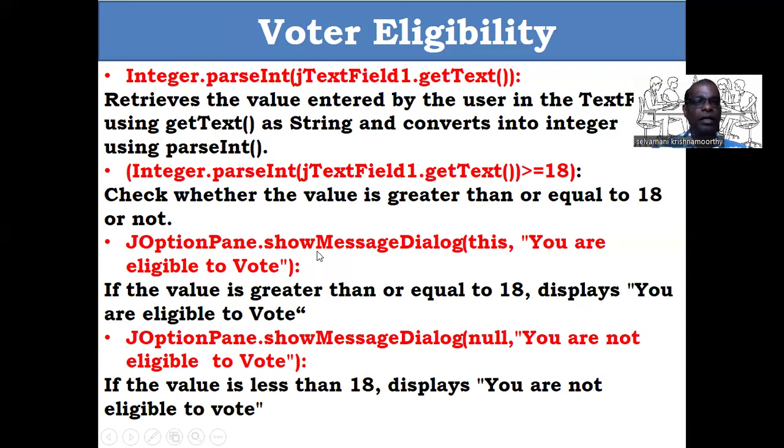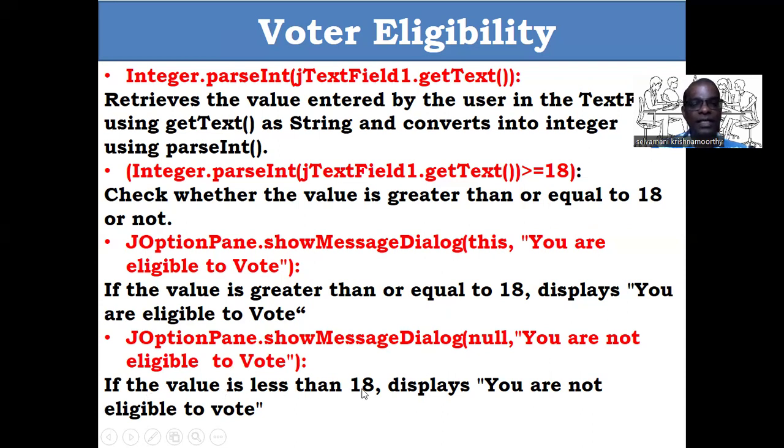So, third statement. JOptionPane.showMessageDialog(this, "You are eligible to vote"). If the value is greater than or equal to 18, that means if the condition is true, this statement displays you are eligible to vote. JOptionPane.showMessageDialog(this, "You are not eligible to vote").